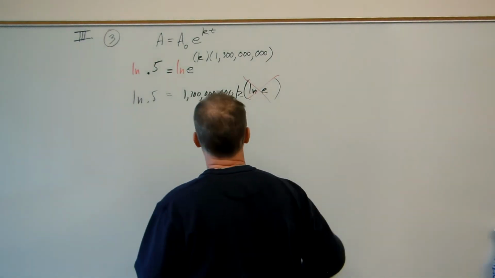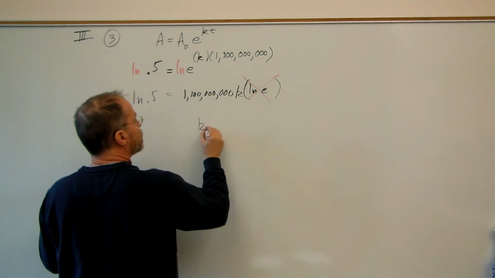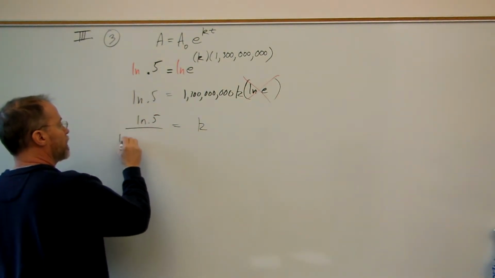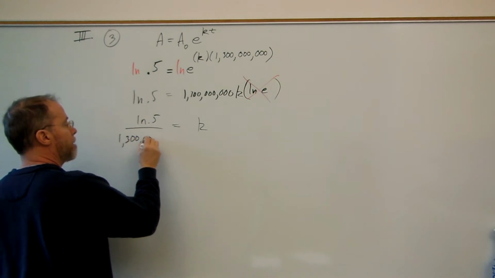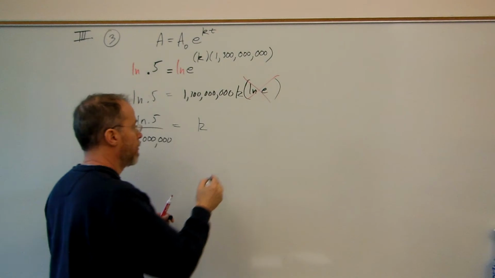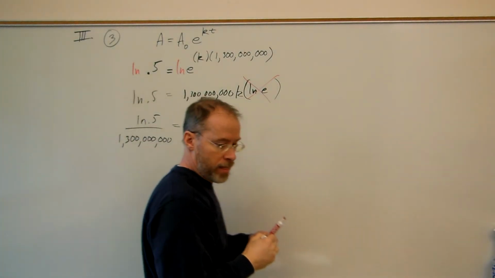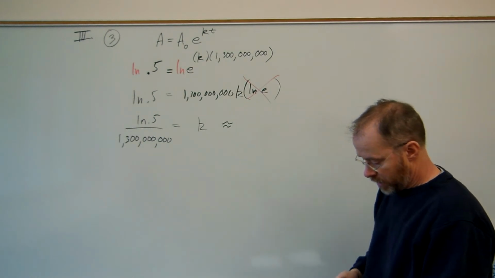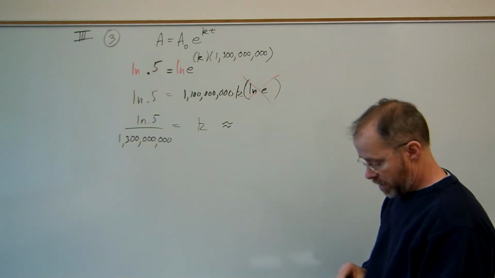And I can solve for k just by dividing both sides by the enormous number of 1.3 billion. And what kind of number am I going to get for k? A small one, I think.